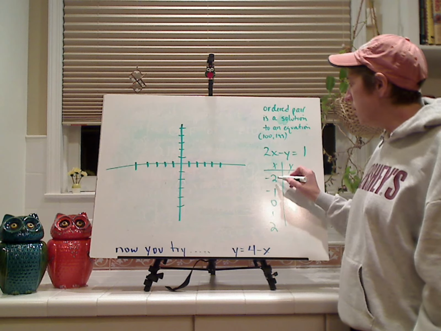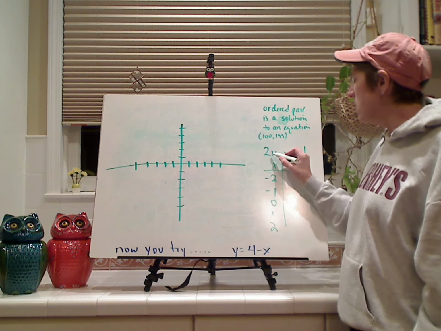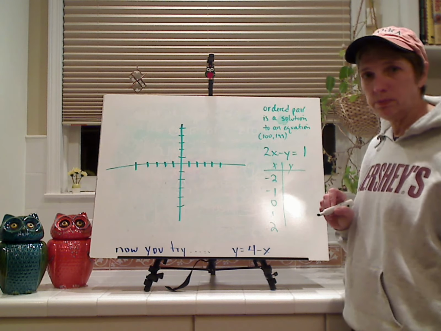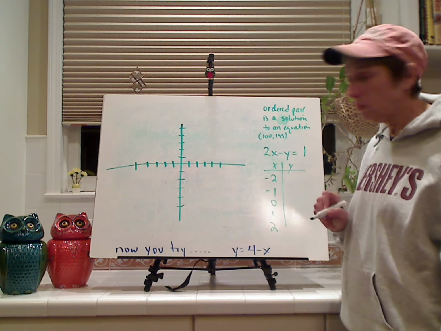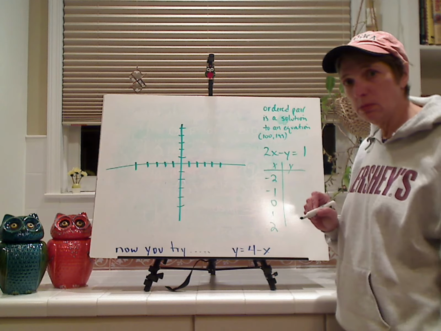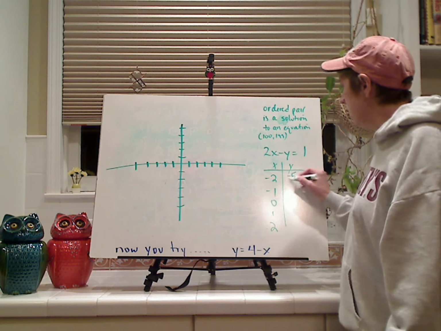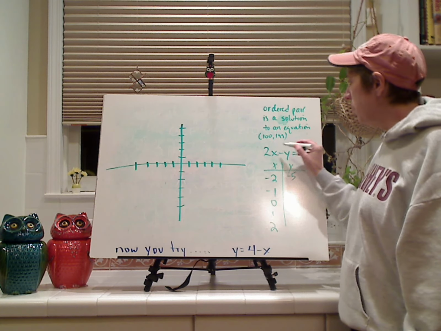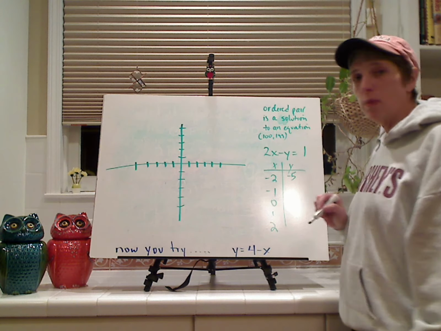So when x is -2, 2 times -2 is -4. And -4 minus what number will give me 1? Do you know? -5. Right. Because -4 minus a -5 becomes -4 plus 5, which will give me 1.